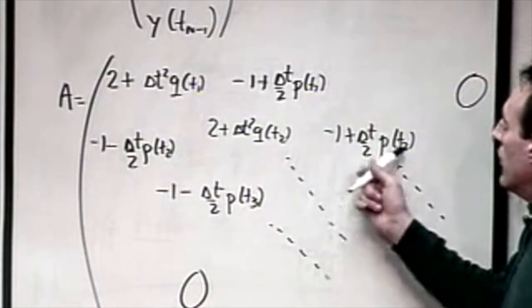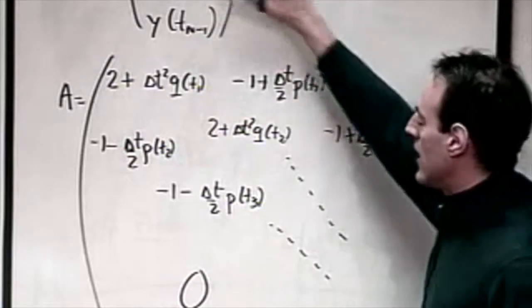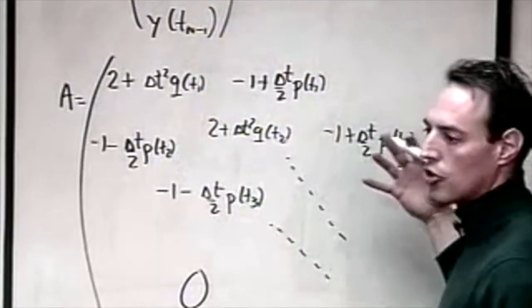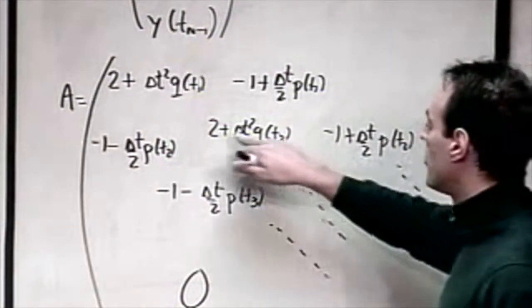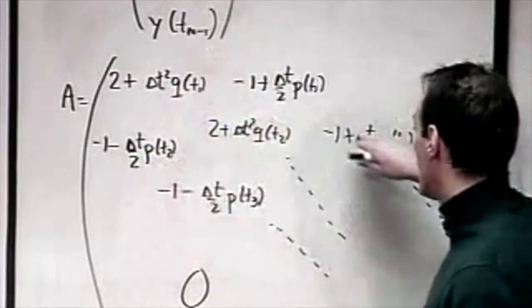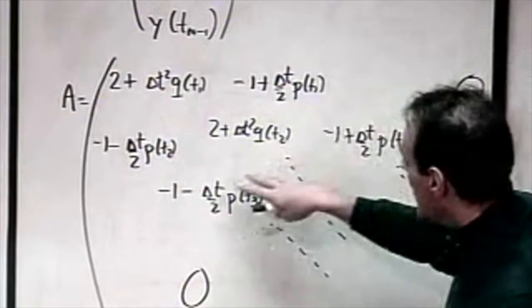Tridiagonal structure. These two here come from, so when you multiply it by this matrix X, what it says is, so go to this generic row here. So let's look at the t2 term. The t2 term depends upon y of t1 multiplied by this and y of t3 multiplied by this. So when you take your matrix, you lay it over.